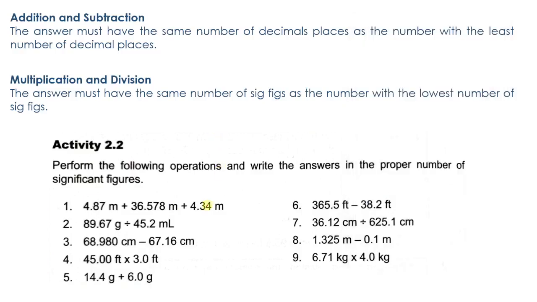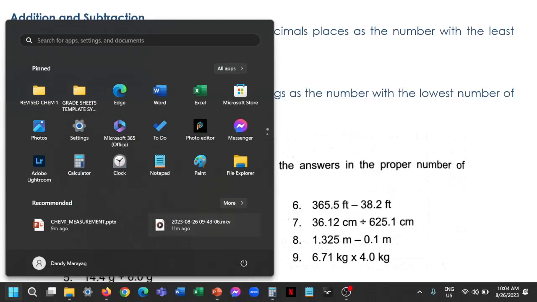But again, we need to round the answers because each of these measurements has different precision. Some are very precise and some are less precise. Again, the answers must reflect the lowest precision because that shows the level of precision of the original measurements.